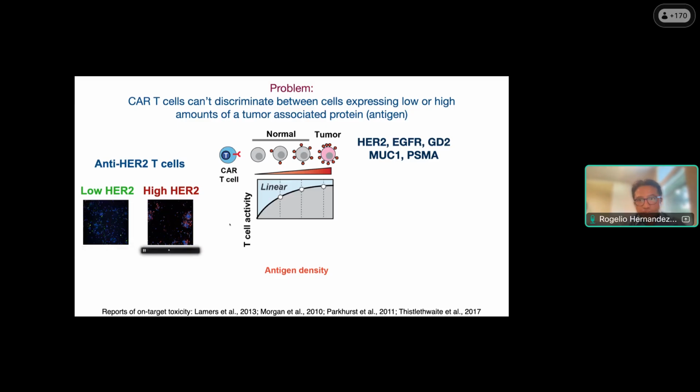And as you can imagine, this could be problematic and has actually resulted in reports of what is called on-target but off-tumor toxicity.